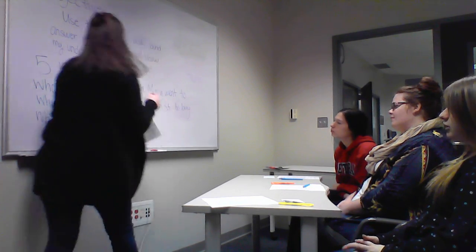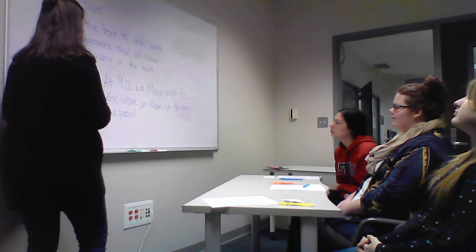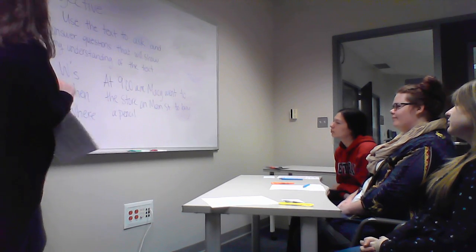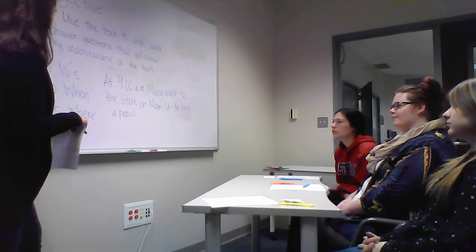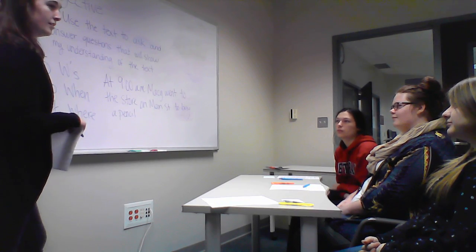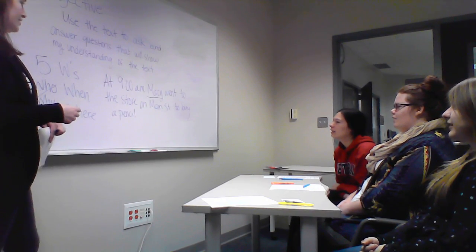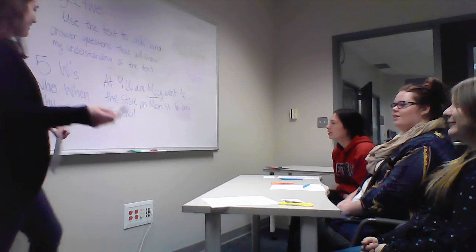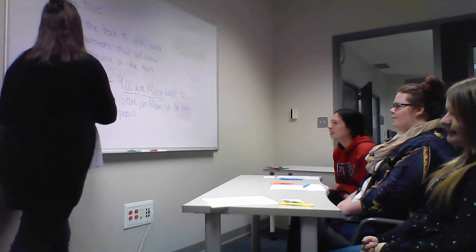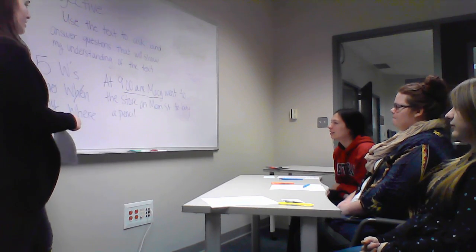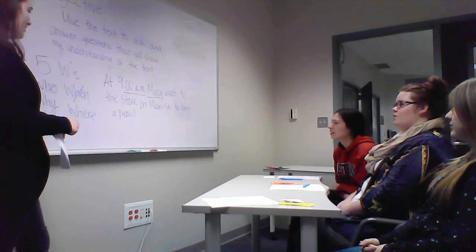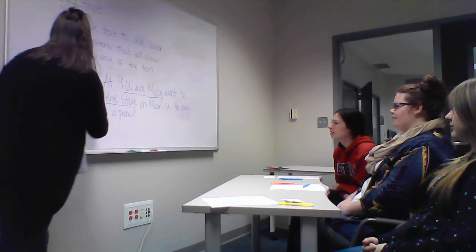Okay, so our sentence is: at 9 a.m. Macy went to the store on Main Street to buy a pencil. So can we identify who? Macy? Is Macy our who? And when? 9 a.m. Where? Anna, can you tell me where she may have gone? The store. Perfect.